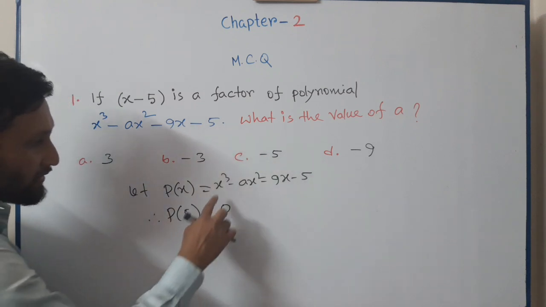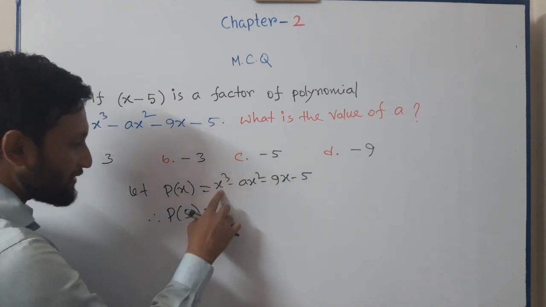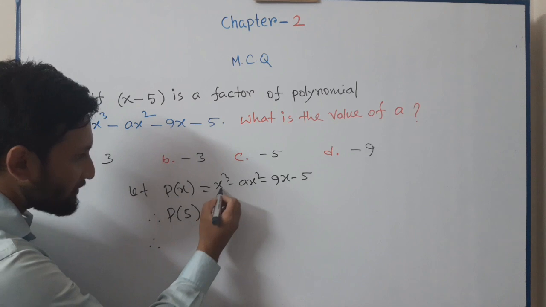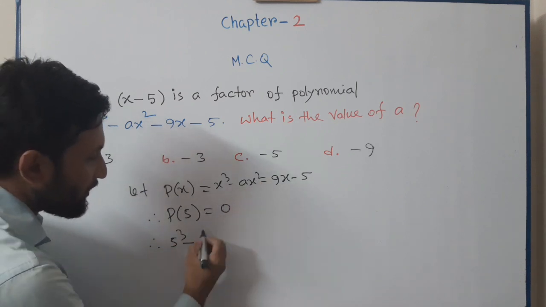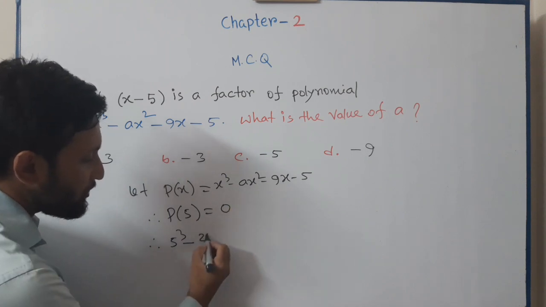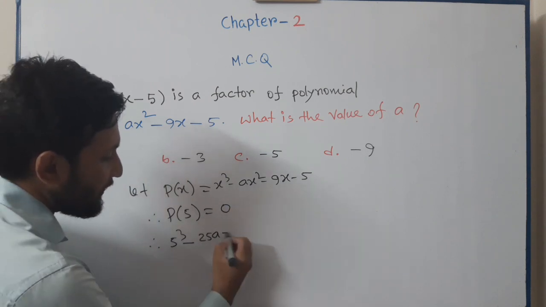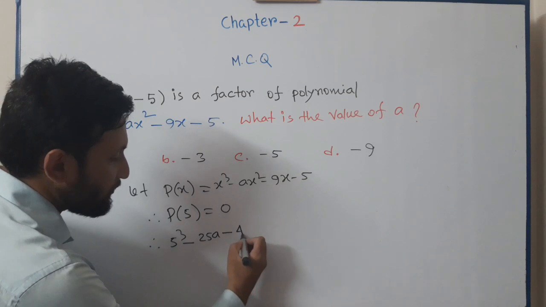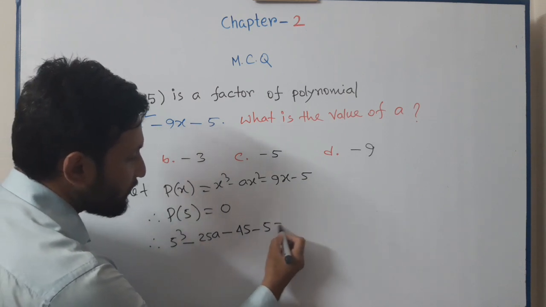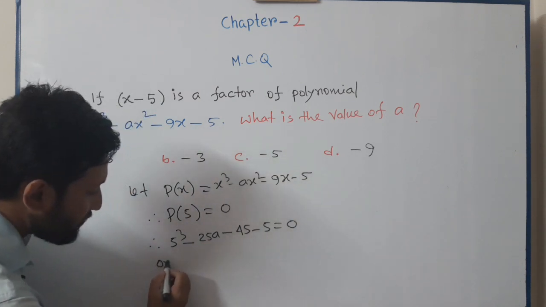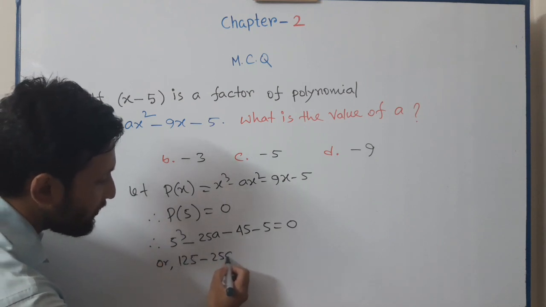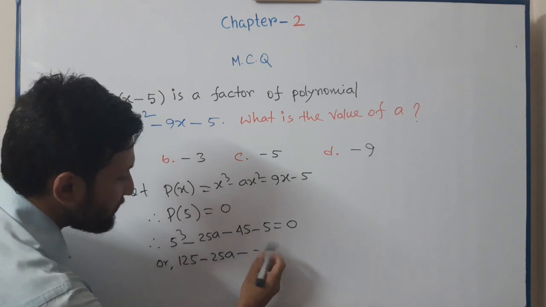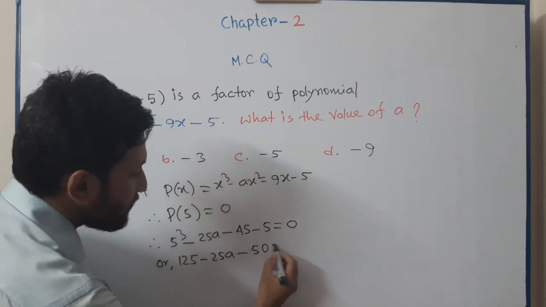Now in this polynomial, replace the value of x by 5. So x cube means 5 cube, minus a into x square, so a into 5 square, that is 25a, and then minus 9 into 5, 45, and then minus 5 equal to 0. By simple calculation, 5 cube means 125, minus 25a, minus 45 minus 5, that means minus 50, equal to 0.